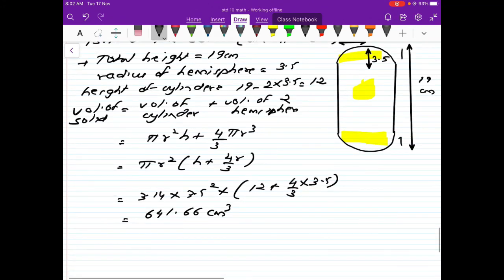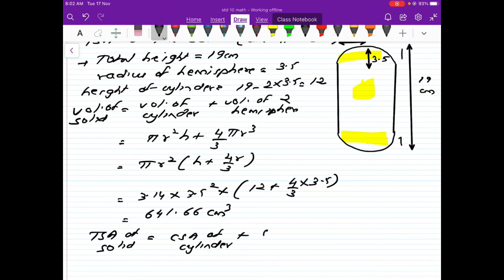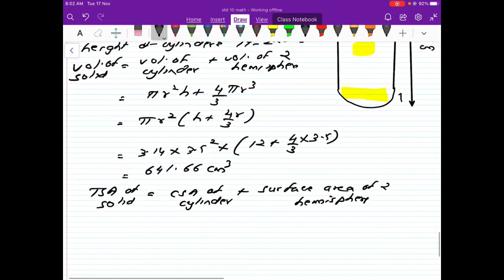Then we go for the surface area. So the TSA of the solid is equal to the CSA of the cylinder plus the surface area of the two hemispheres, means the surface area of one sphere. What is the CSA of the cylinder? It is 2 pi rh plus the surface area of one sphere, which is 4 pi r square.